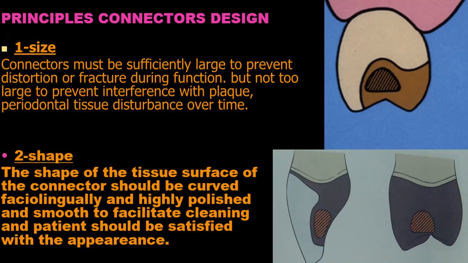The size must be sufficiently large to prevent distortion or fracture during function. طبعا ما يكون too much large to prevent interference with the plaque periodontal tissue. Okay, هذا السايز.